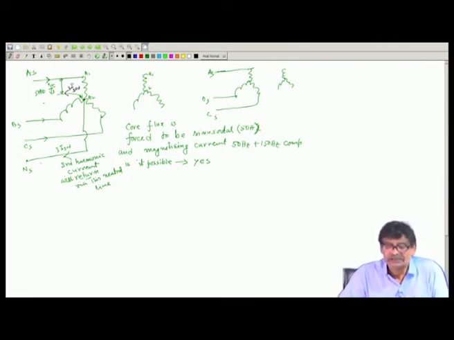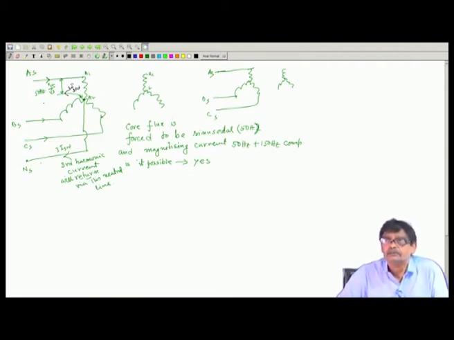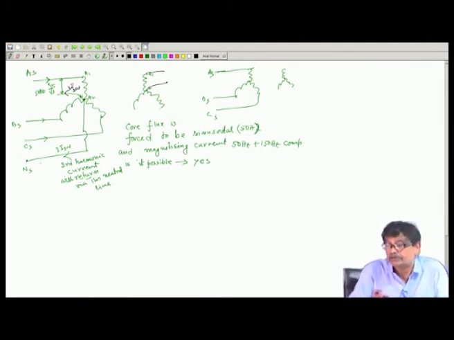And the disadvantage of this method is that it may interfere with nearby communication circuit. It is not a good solution, but nonetheless it will force the phase voltage to be 50 hertz as well as line to line voltage 50 hertz, that is what we desire so far as load is concerned.